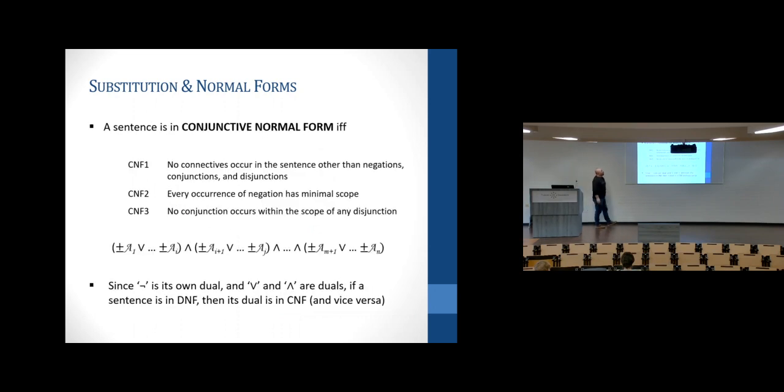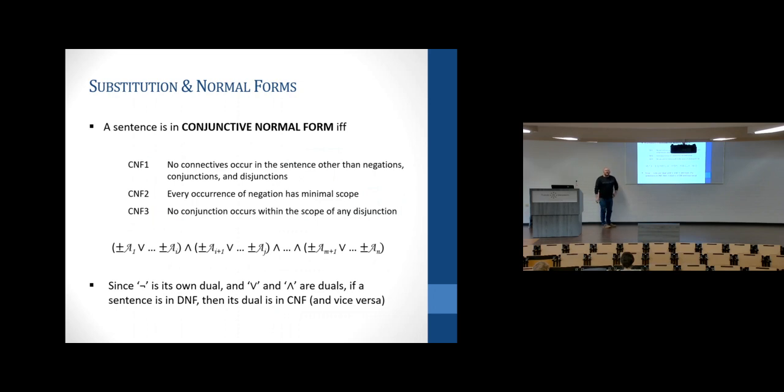Now we can also talk about conjunctive normal form. Conjunctive normal form, shockingly, is basically the same as DNF, just with one switch. So the only things that are in there are negations, disjunctions, and conjunctions. Negation has minimal scope, but this time we flipped the scope of the conjunctions and disjunctions. So it's a conjunction of a bunch of disjunctive elements.